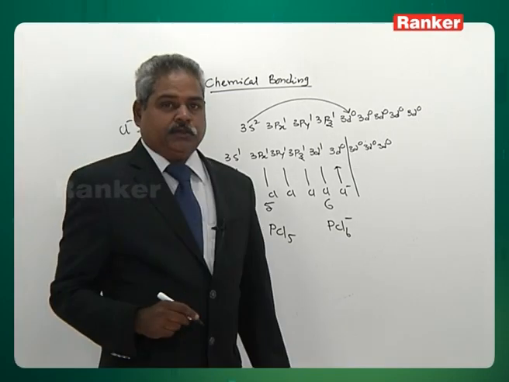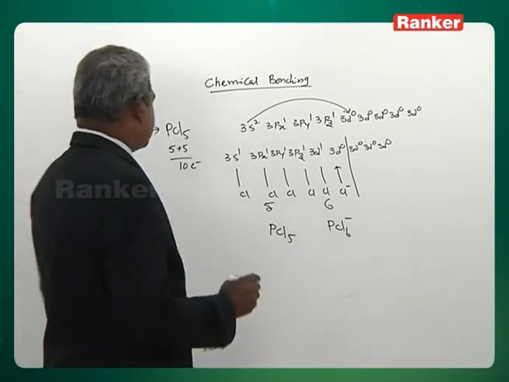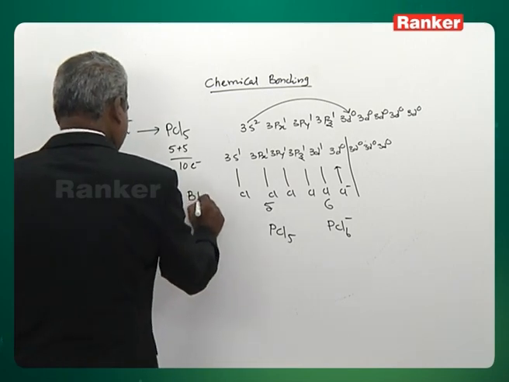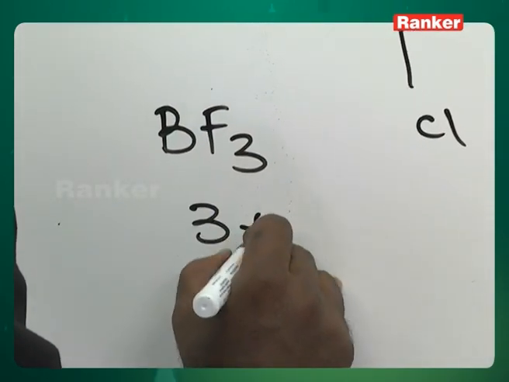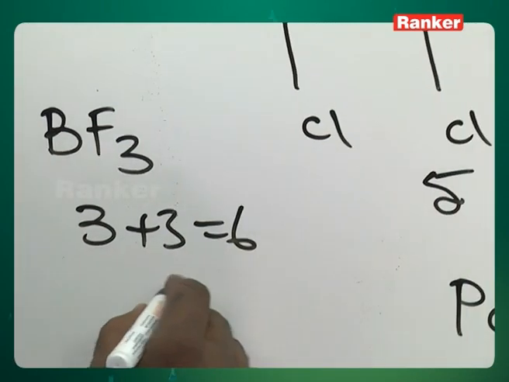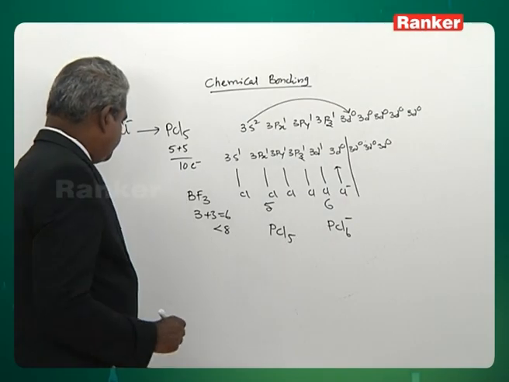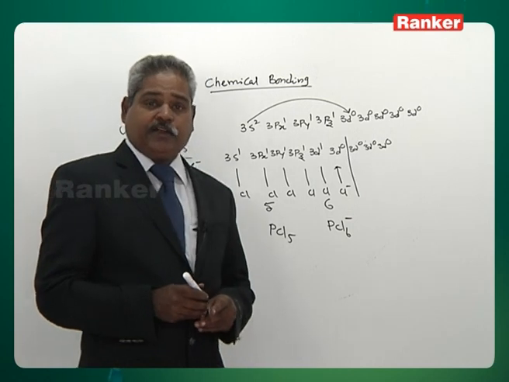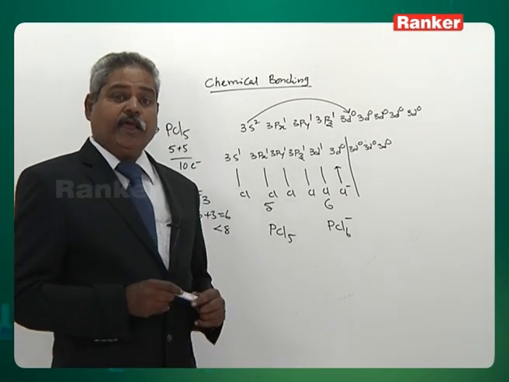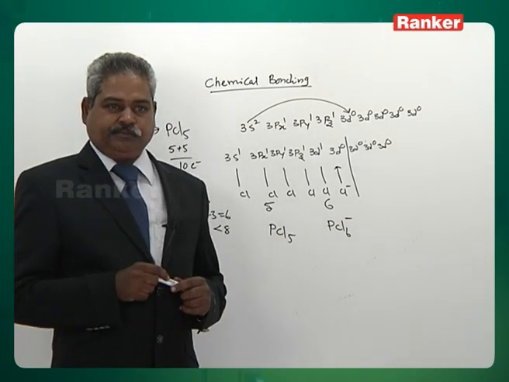Because if you are short of electrons, as in the case of boron trifluoride, 3 plus 3, 6, it is less than 8. Boron trifluoride has less than 8, and such species are called electron deficient species.